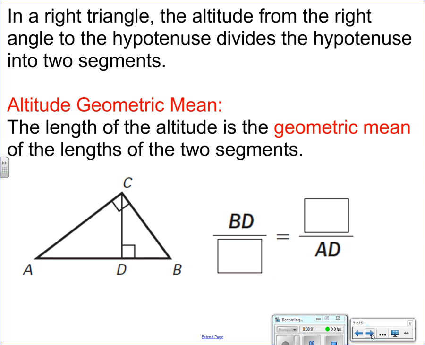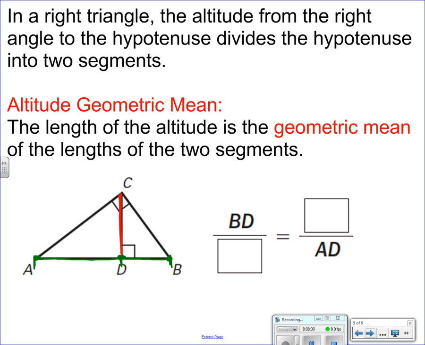Okay, the next one. This is how we're going to be utilizing the geometric mean. So in a right triangle, the altitude from the right angle to the hypotenuse divides the hypotenuse into 2 segments. So what that means is our altitude here divides the hypotenuse into 2 segments, AD and DB.